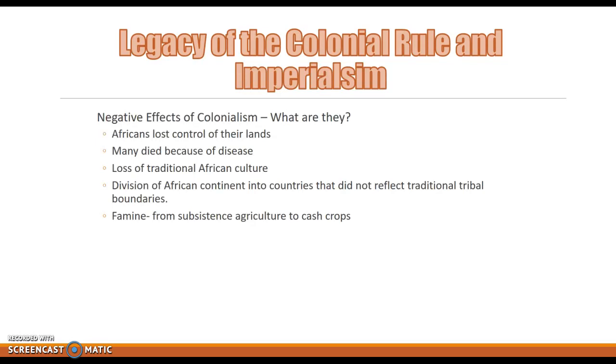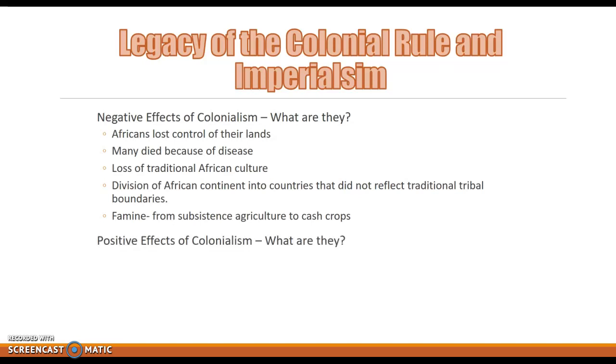In fact, speaking of, there's also famine from subsistence agriculture to cash crops because Africans were told that they needed to have things that they could sell, not things that was actually going to feed them. So if you're wondering why there's so much famine in Africa today, a lot of it actually comes directly from this colonial period, this imperialist period from the Europeans, because they completely changed the way in which Africa had been living for hundreds of years.